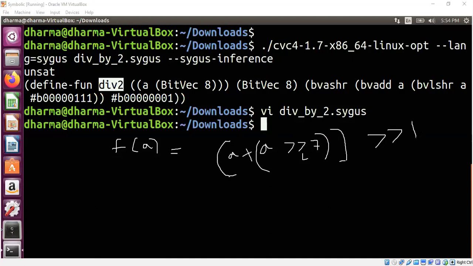Let's see whether we can make sense out of it. I'm going to do a simple trick now. Instead of working with 8-bit, which is a lot of data to work with, I will work with something much smaller, and then we can generalize it to 8-bit or 16-bit, 32-bit, and so on.